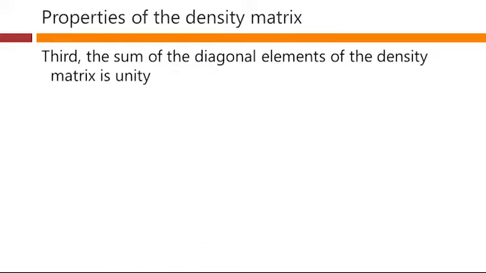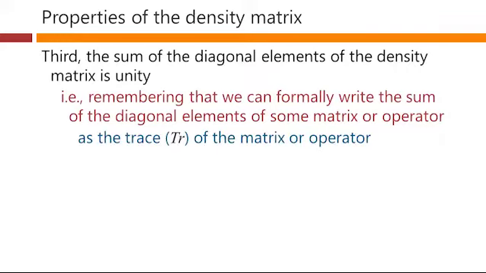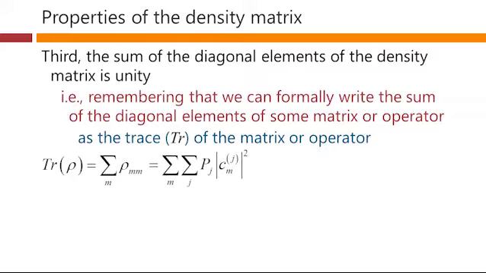Third, the sum of the diagonal elements of the density matrix is unity. Remembering that we can formally write the sum of the diagonal elements of some matrix or operator as the trace, using this notation here, of the matrix or operator. That is, formally the trace of a matrix or operator is just the sum of the diagonal elements.